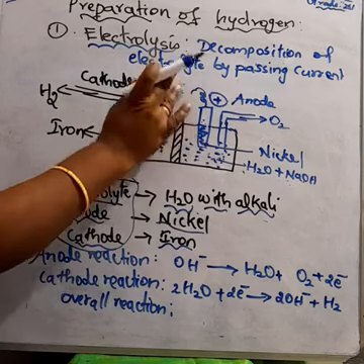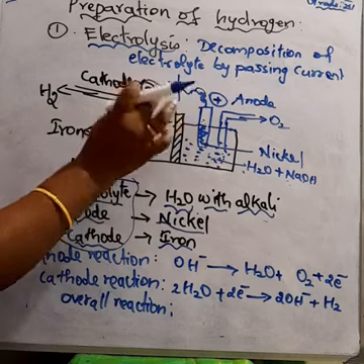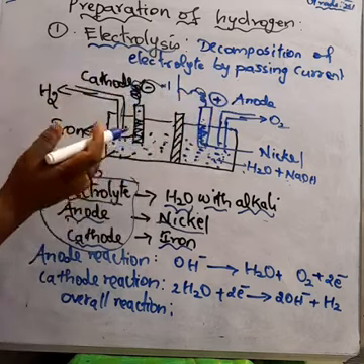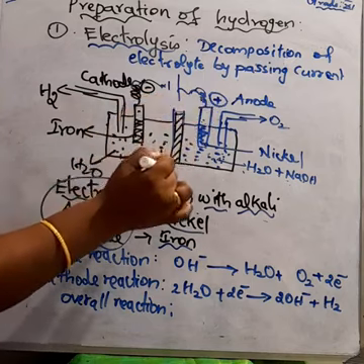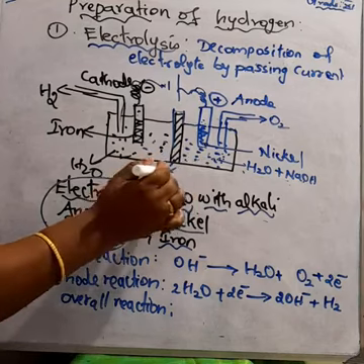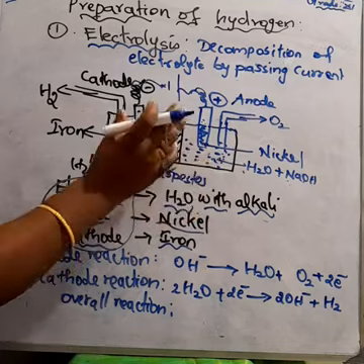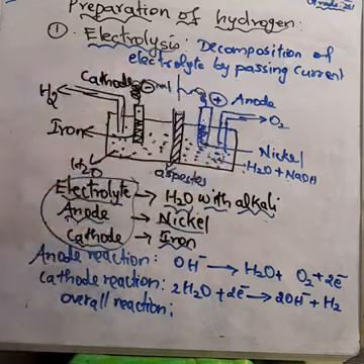This is the electrolyte, this is the anode, and this is the cathode. These 2 electrodes are separated by a membrane, an asbestos diaphragm cell. There is a membrane, and we pass current through the electrolyte using the electrodes.